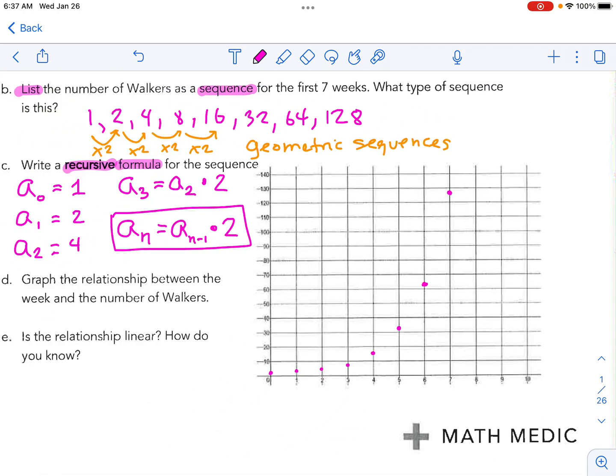If you notice then, with that graph, it's definitely not linear. We know this because that vertical gap is getting bigger each week. So that relationship starts to curve as that gap changes.